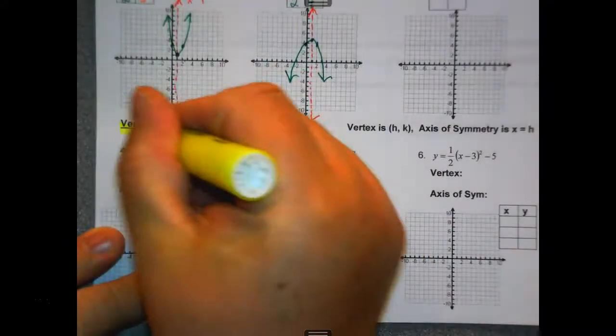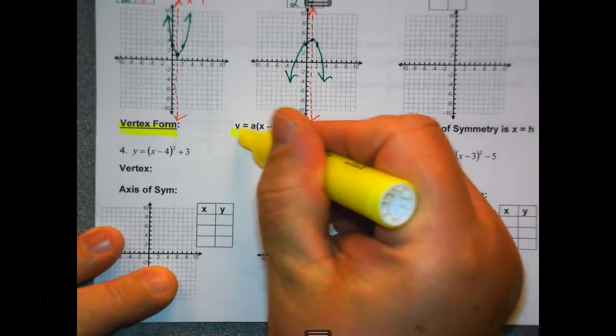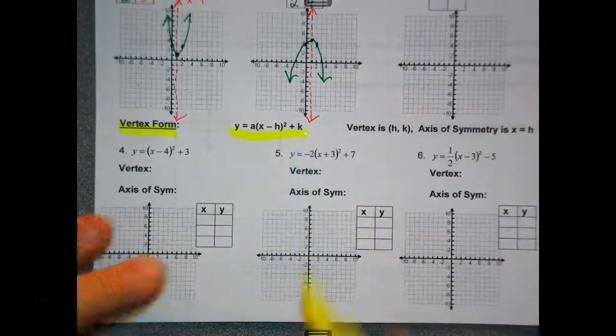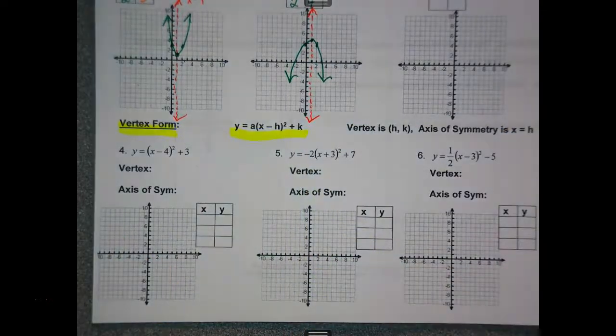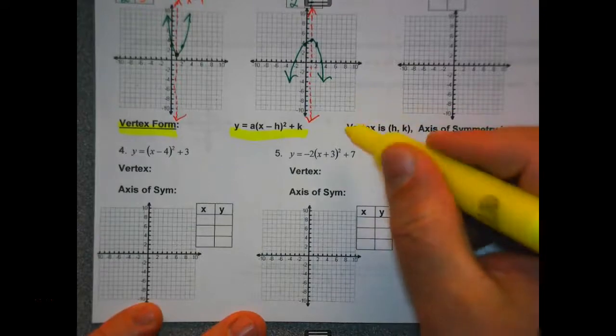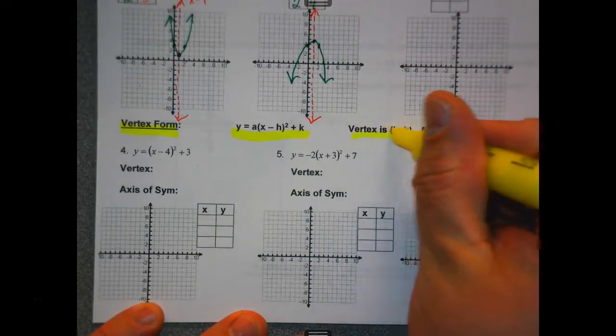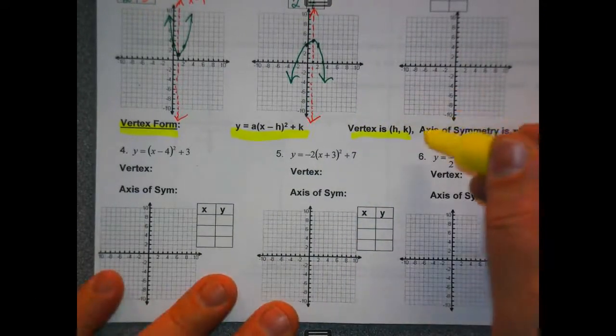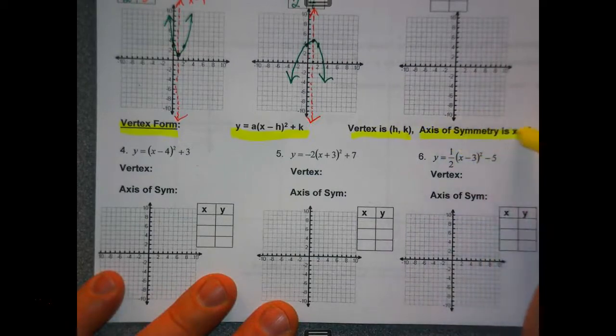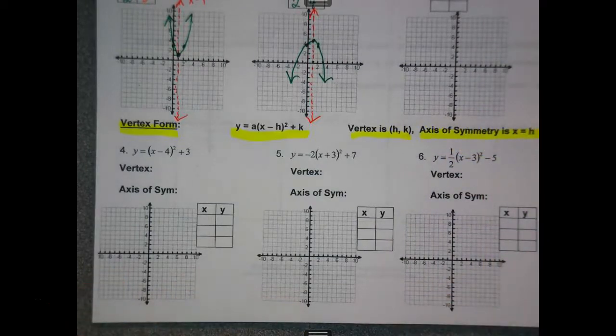In vertex form, we have y equals a times the quantity x minus h squared plus k, where our vertex is always (h, k), and our axis of symmetry is x equals h, or the x coordinate, like we did in standard form.